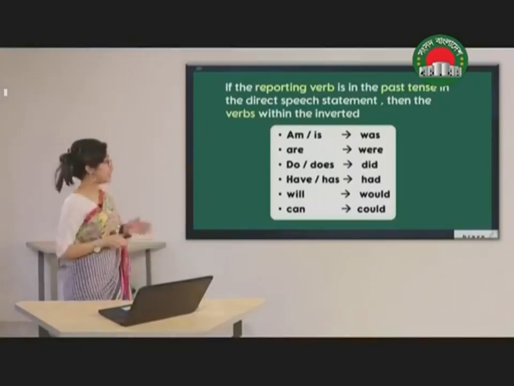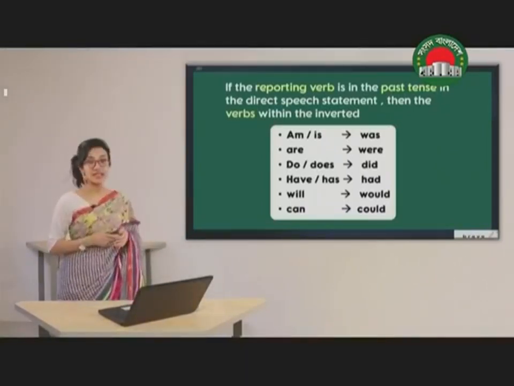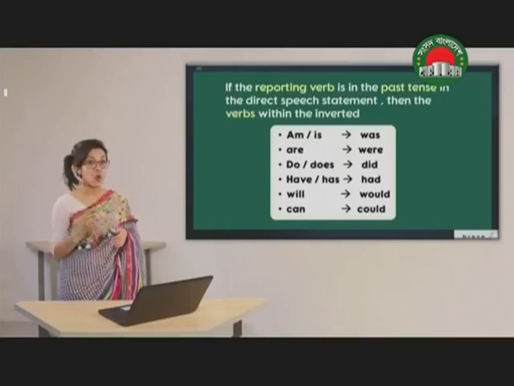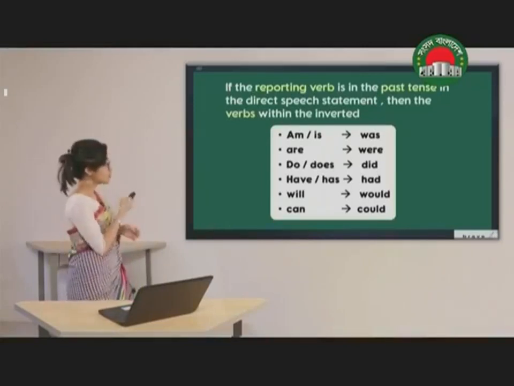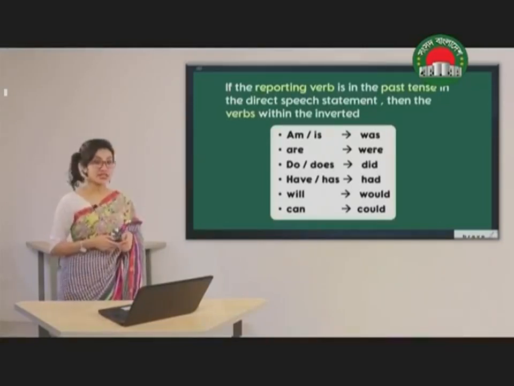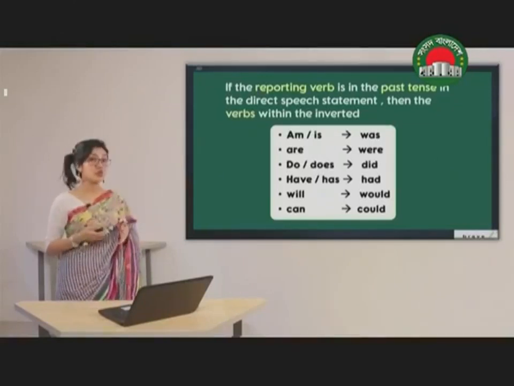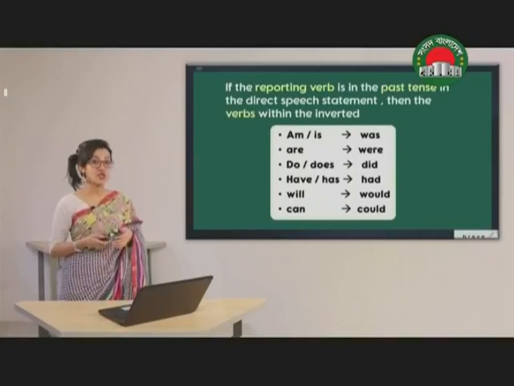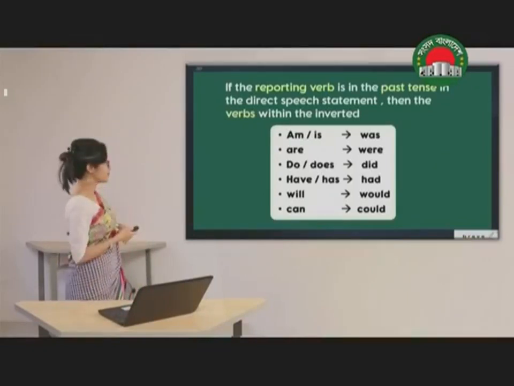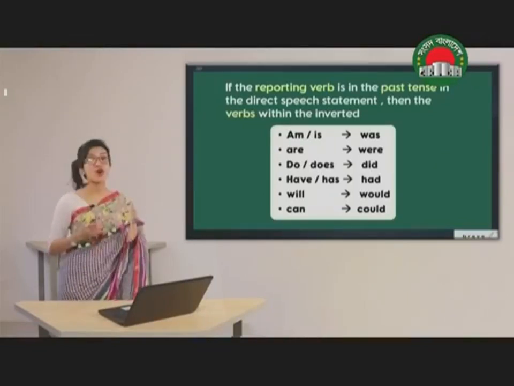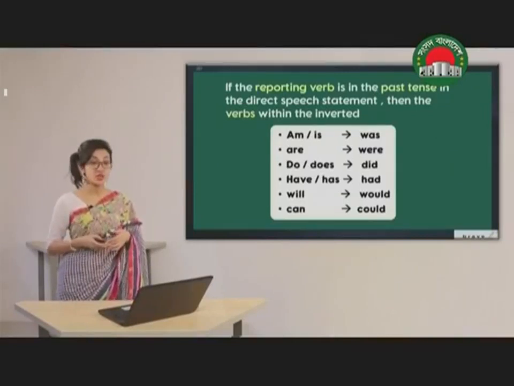For example, in the case of am or is, it's going to be changed to was. In the case of are, it will be changed to were. If you have do or does, it will be changed into did. If you have have or has, it's going to be changed into had.